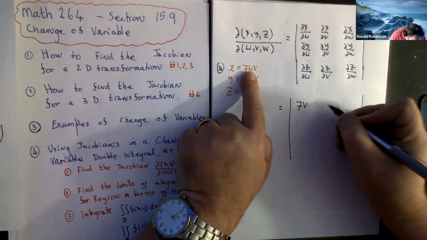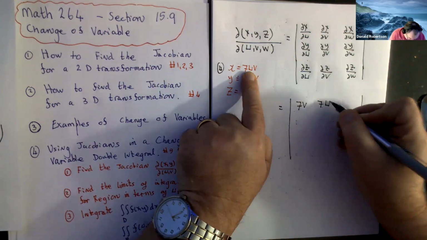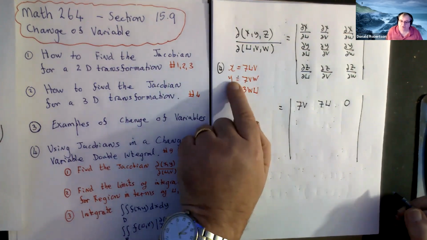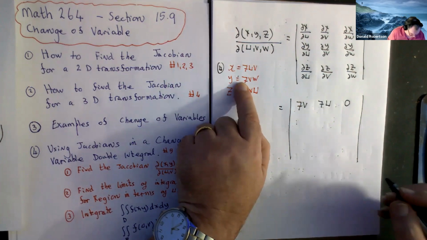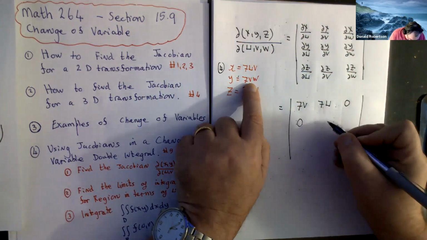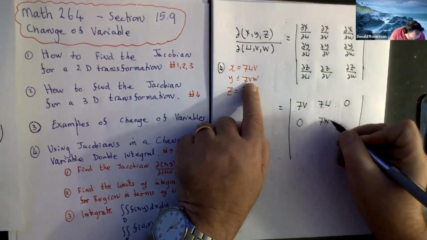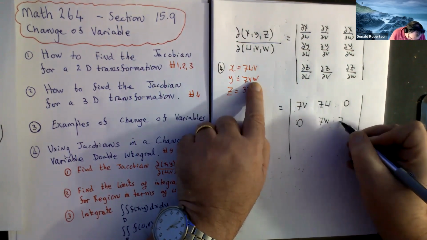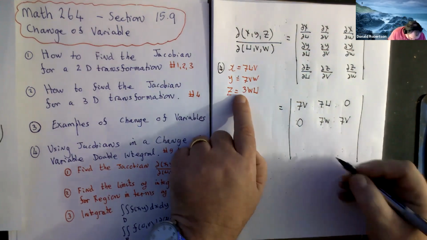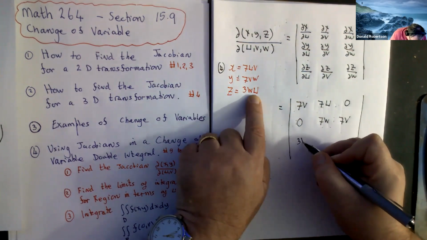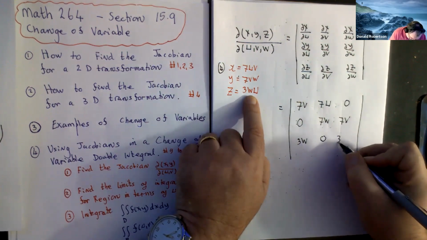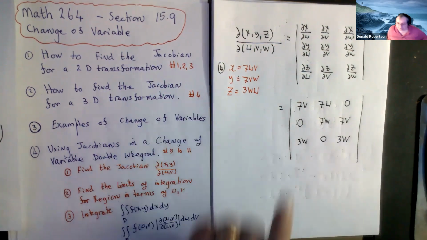With respect to v, you get 7u. And with respect to w, you get big fat 0. Move on to this one. Differentiate y with respect to u, you get nothing. With respect to v, and then with respect to w. On to z. Differentiate it with respect to u, with respect to v, and then finally with respect to w.